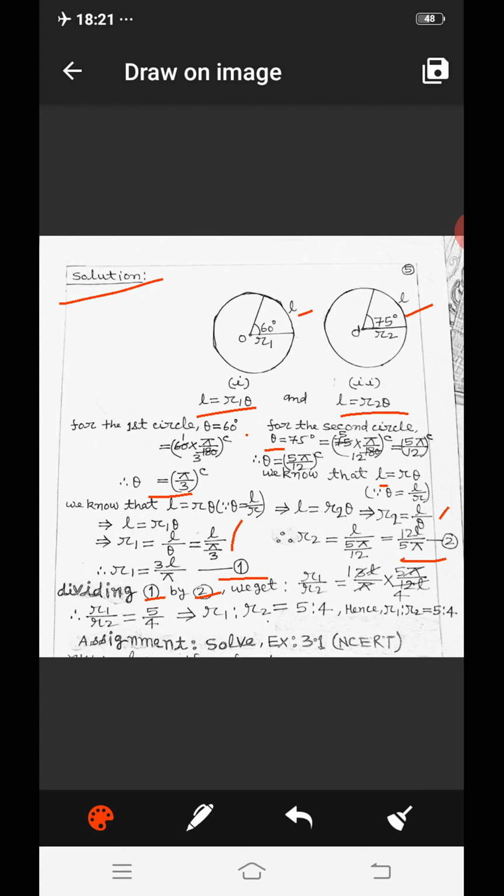Solving this, we get R1 by R2 equal to 5 by 4, and this implies that R1 is to R2 is equal to 5 is to 4. Hence the ratio of their radii is R1 is to R2 equal to 5 is to 4.